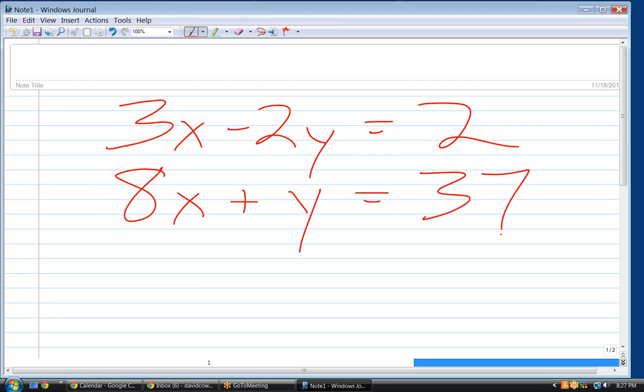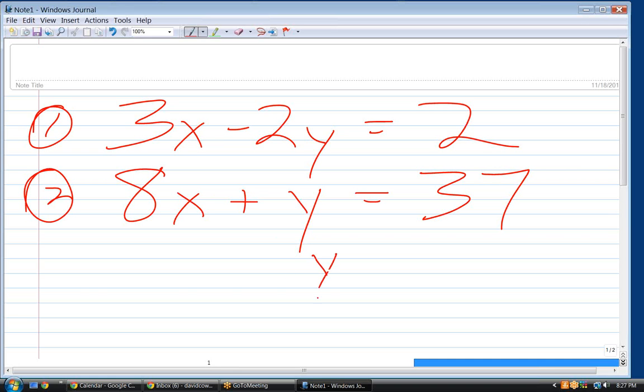If they force us to solve this by substitution, then I need to turn one of these equations and define it in terms of one variable. Well, which one's the easiest one to do that with? Y. Second. Let's call this equation 1, equation 2. In other words, I can turn the second equation into y equals by just subtracting 8x from both sides.